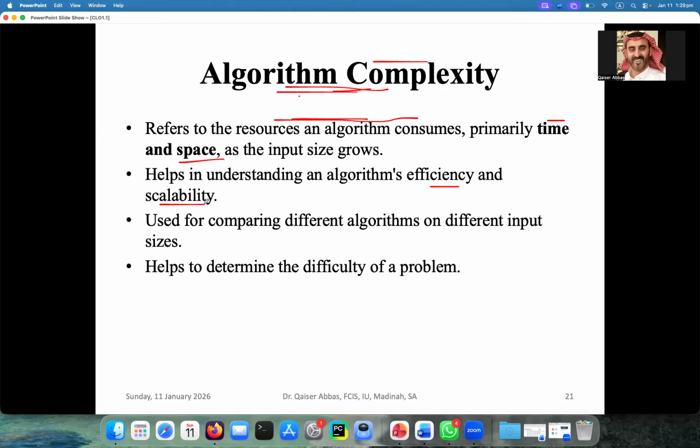Scalability means that when you increase the size of the input, the algorithm handles that varying size of input smartly or not. When the algorithm handles large, medium, and small input sizes, then you can say your algorithm is scalable.